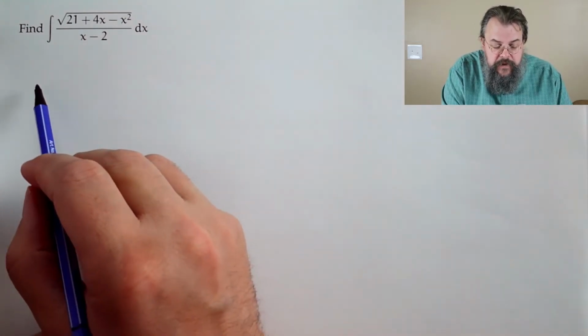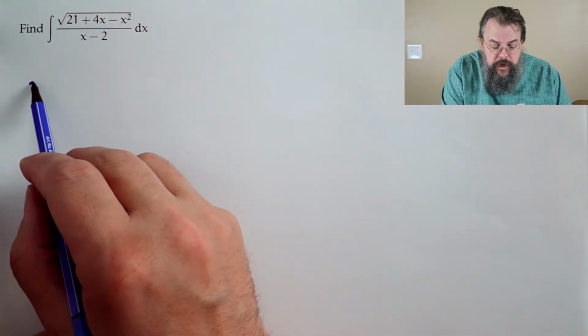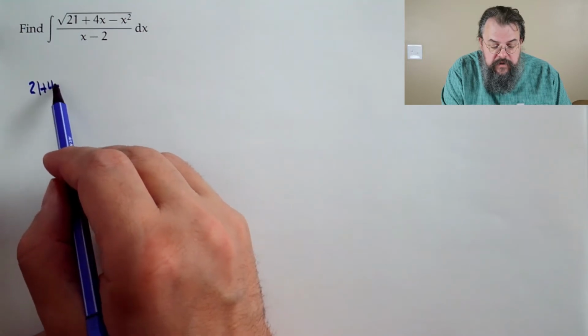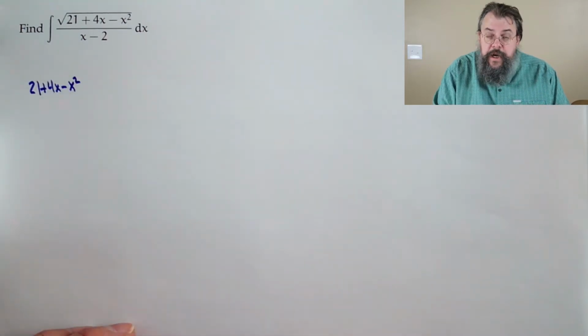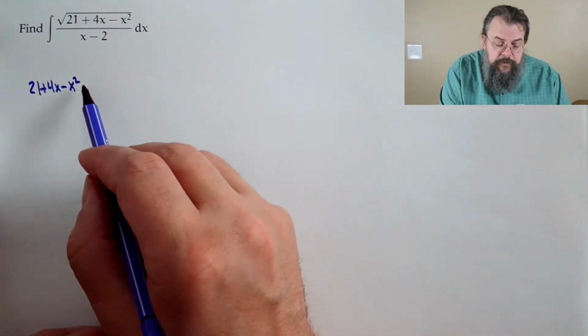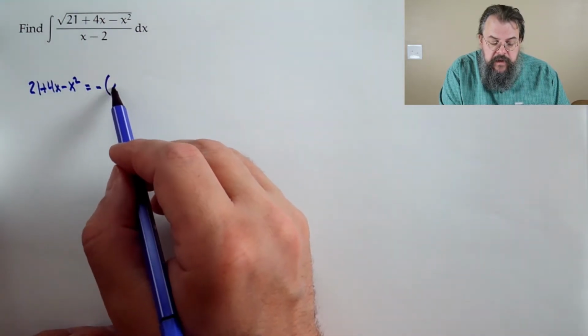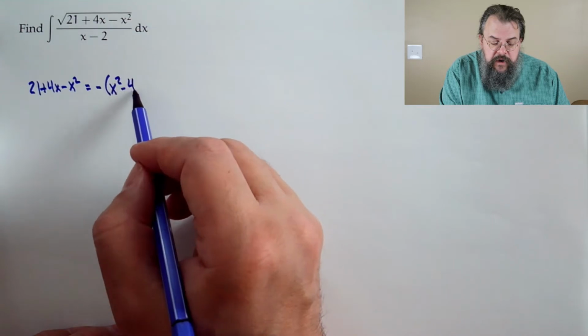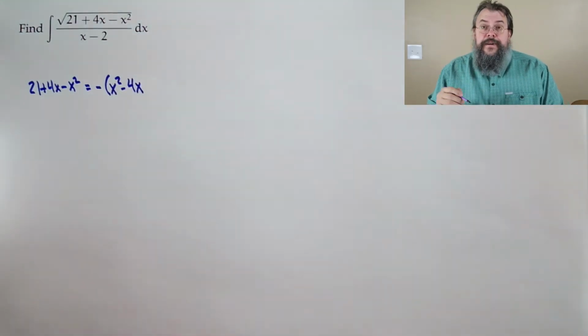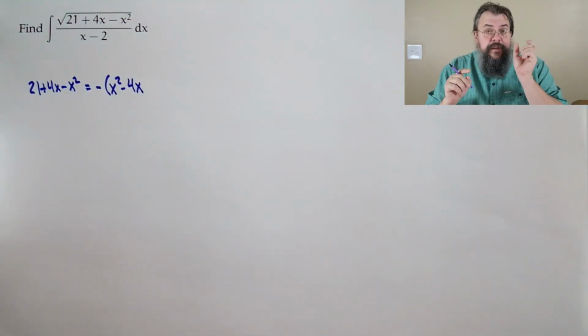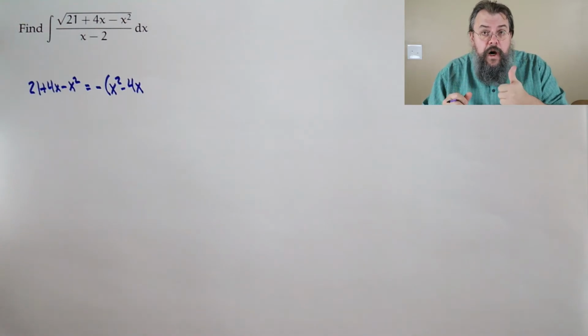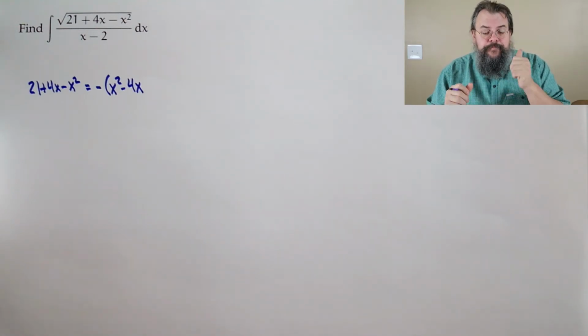Okay, so we have 21 plus 4x minus x squared. We're going to work on rewriting that. I'm going to start with the x part. So I'm going to pull out a minus, and then I have x squared minus 4x. Because I pulled out the minus so that the coefficient in front of x squared is 1, which is important, it's not so bad to complete the square.